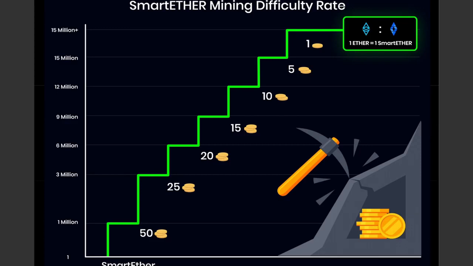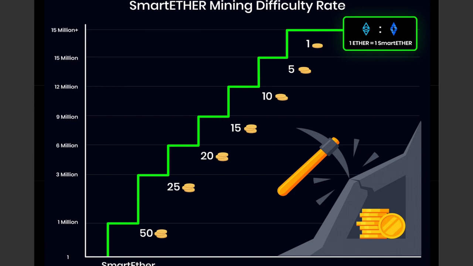When someone enters into this smart contract by giving 0.1 Ethereum, another coin termed Smart Ether, which is the cryptocurrency, will be mined there. Its mining difficulty rate will be as follows. When you mine 1 to 1 million smart ethers, you will get 50 times as many smart ethers. Till 3 million, you will get more than 25 times that.